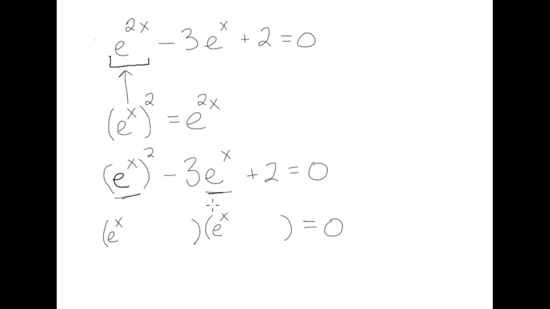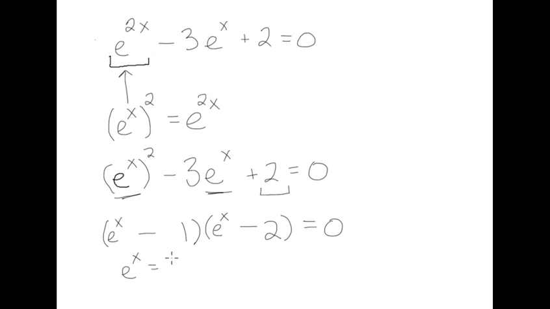And then we need to ask what two numbers can we multiply together to get positive 2, but add together to get negative 3. And hopefully you see that negative 1 times negative 2 will be positive 2, but negative 2 plus negative 1 would be negative 3.